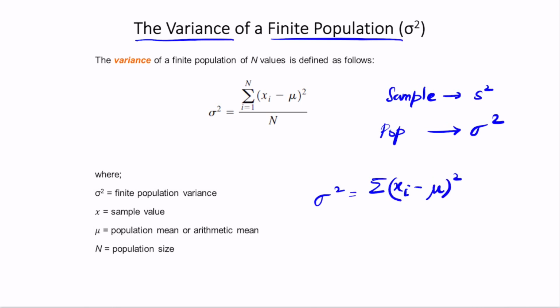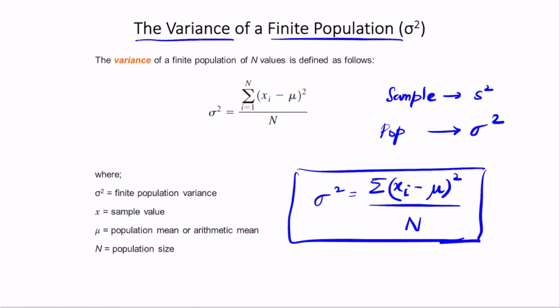So xi minus mu squared divided by, in place of n minus 1, we use uppercase N. So n minus 1 only applies for the sample, not for the population. Here mu is the population mean, capital N is the population size, sigma squared is the finite population variance, and x is the sample values.